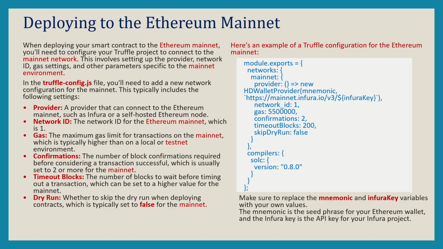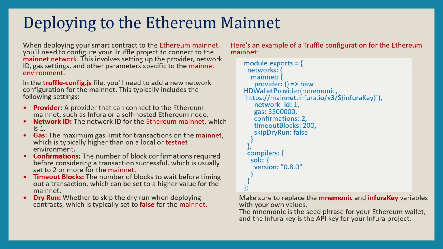First is the provider: a provider that can connect to the Ethereum mainnet, such as Infura or a self-hosted Ethereum node. For testnet also, we used Infura. Self-hosted Ethereum nodes are there, but Infura is what is commonly used, and at the basic level, we use Infura only. Then the network ID for the Ethereum mainnet, which is 1. It's given that the Ethereum mainnet's network ID is 1.